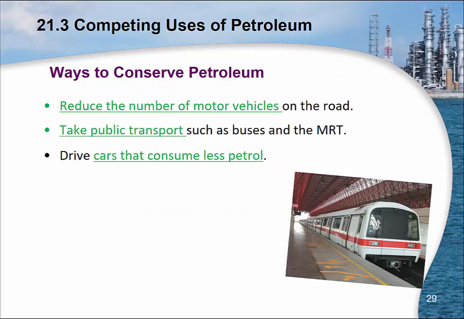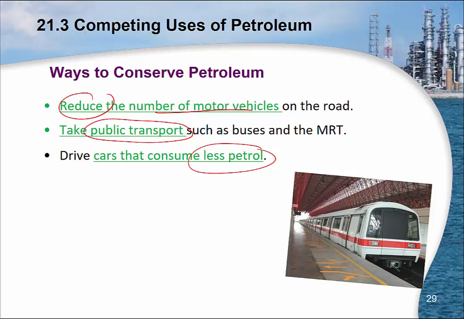Now, how to conserve petroleum? Of course, try to reduce the number of vehicles, burn less so it can last longer, take public transport, or drive cars that consume less petrol. Petrol comes from petroleum, and of course, if you want to get petrol, you must dig out more petroleum.